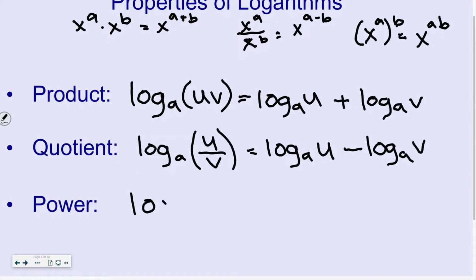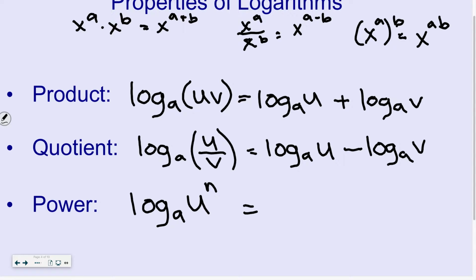Okay. And the last one is the power property. This is going to look like log base a of u raised to the n. Now remember, in the power of a power property for exponents, you multiply your exponents. So we want to multiply exponents in this property. One of our exponents is very easy to see.